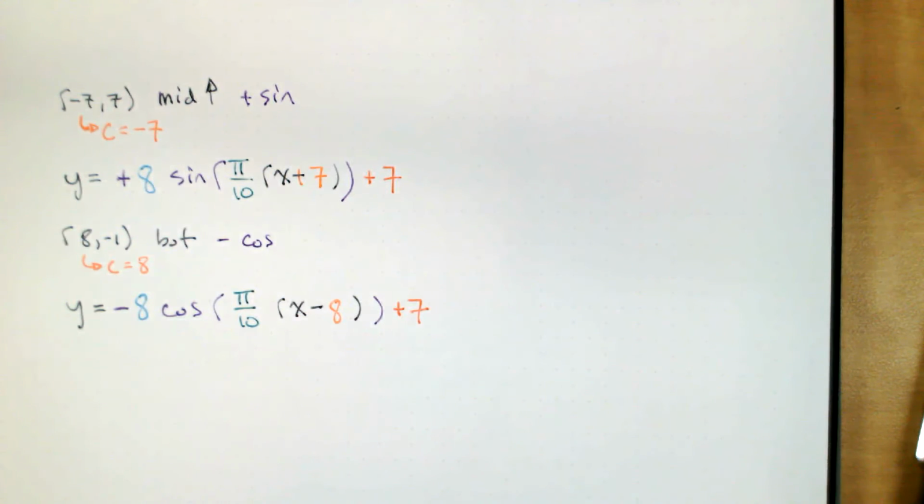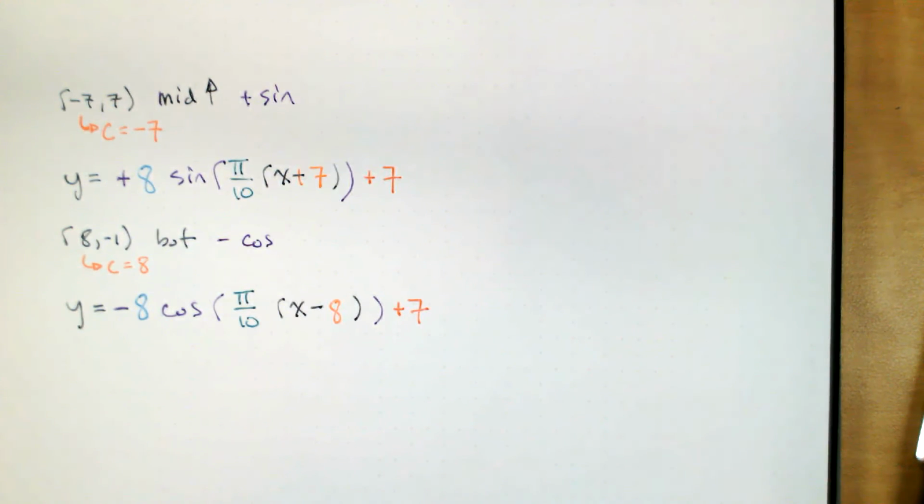So this shows us that we can take a collection of points. If we get 2 points that are at different locations vertically, as well as 2 points that are at different locations horizontally, then we'll be able to figure out all of our vertical information and all of our horizontal information. Once we can fill out any number of points, we can write an equation that fits that description.